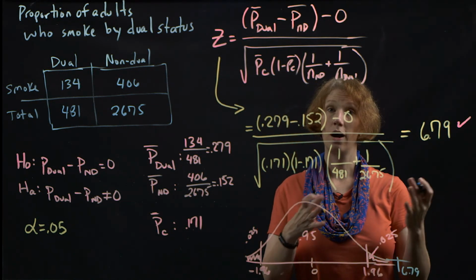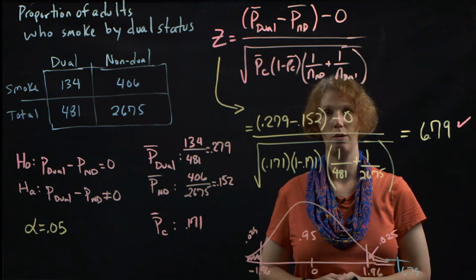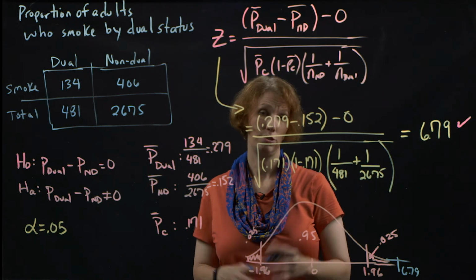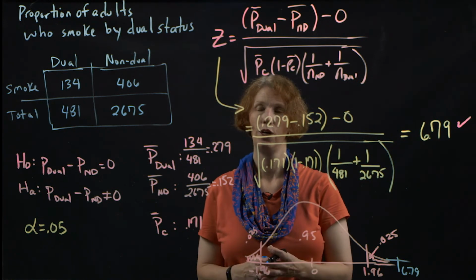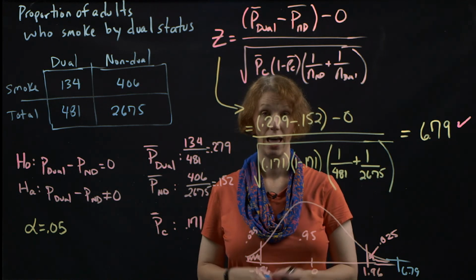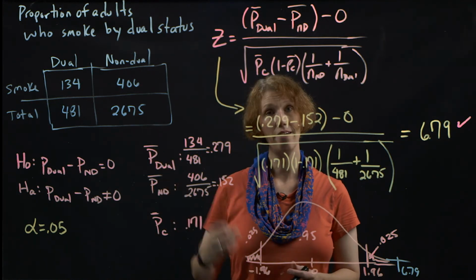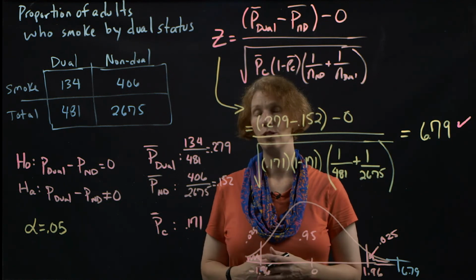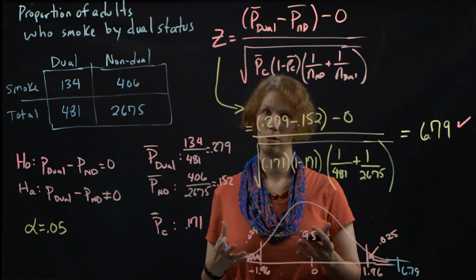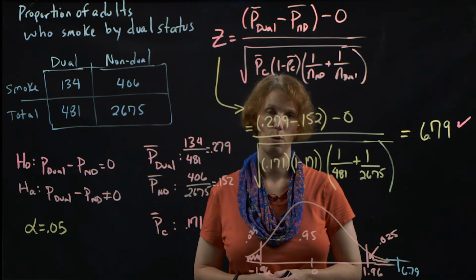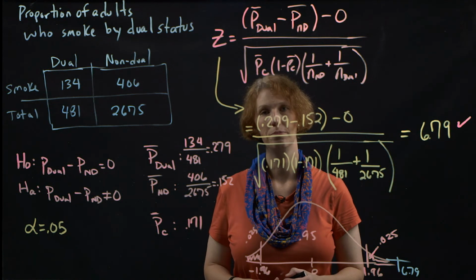Okay, so our test statistic is more extreme than our critical value, and that allows us to conclude or to have evidence to reject the null hypothesis in favor of the alternative. That is, our sample evidence is sufficient to convince us that the proportion of smokers in the dual population is different from the proportion of smokers in the non-dual population.